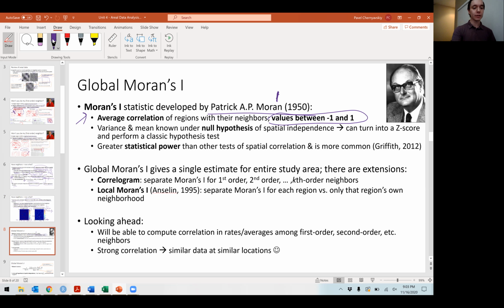We can compute it in what is called a closed form. So we have a known computation that we can perform with pen, pencil, and paper. I won't require you guys to do it. Under the null hypothesis of independence, if we assume that our regions are actually independent, we can compute the mean and the variance of the Moran's I statistic. And then we can turn it into a z-score. So under the null, we know how Moran's I is distributed.